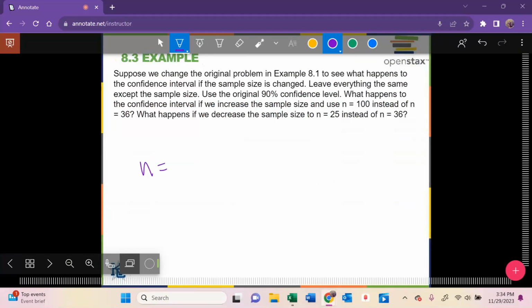So when n equals 100, my confidence interval is from 67.51 to 68.49.